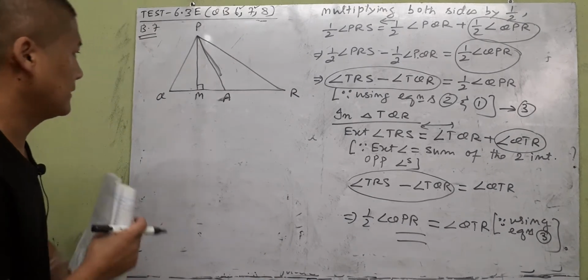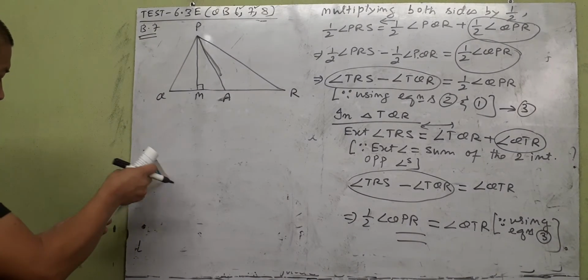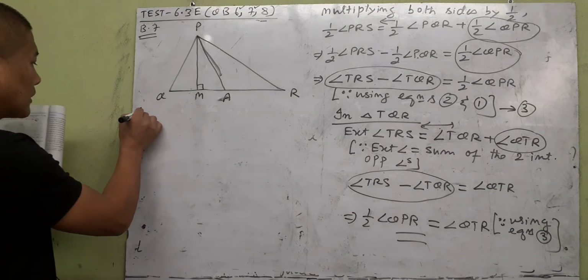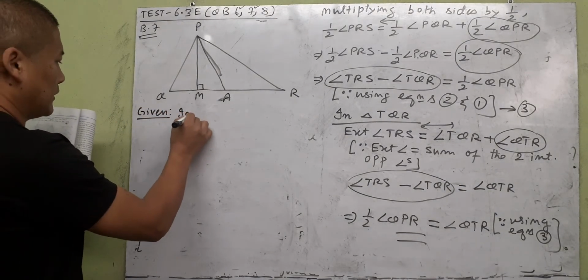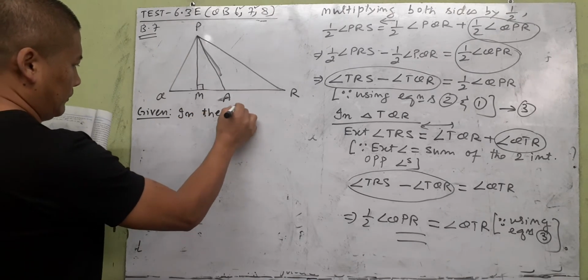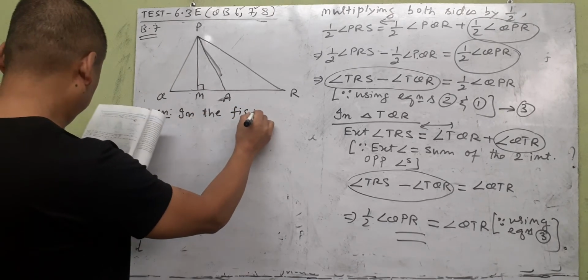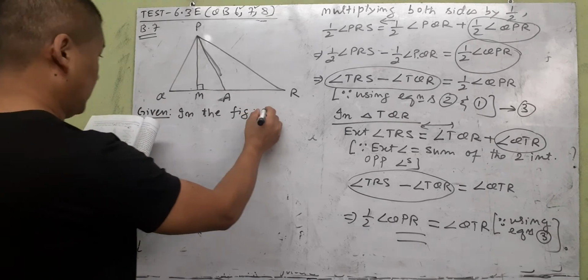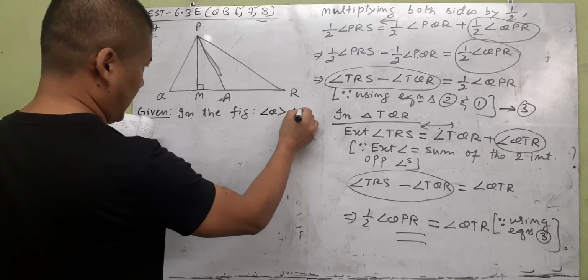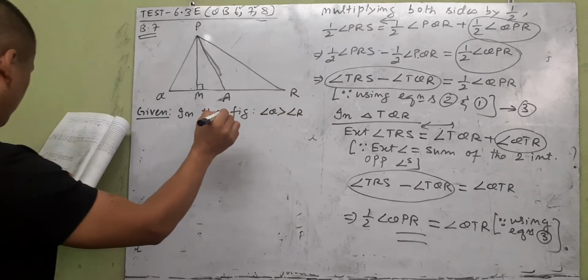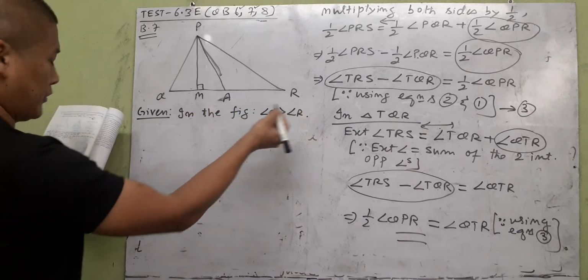So let us write the given as given in the question. Let's go about it slowly. In the figure, angle Q is greater than angle R. That's mentioned, not so required for solving, I think.